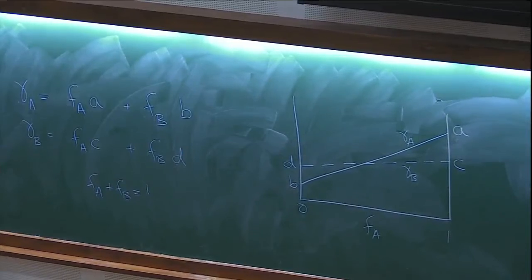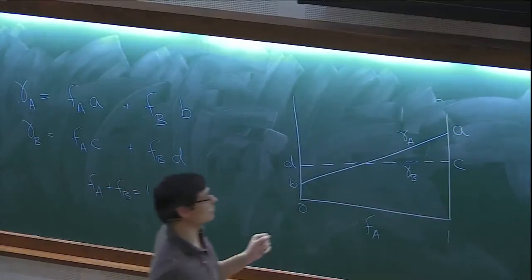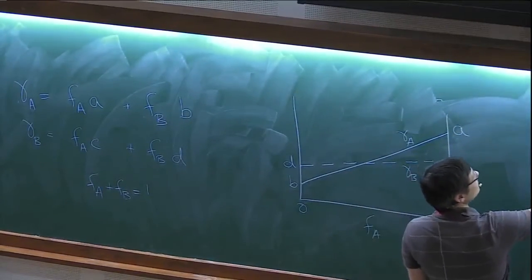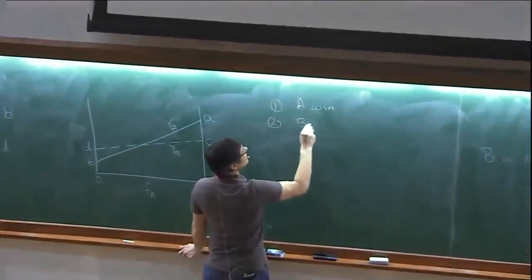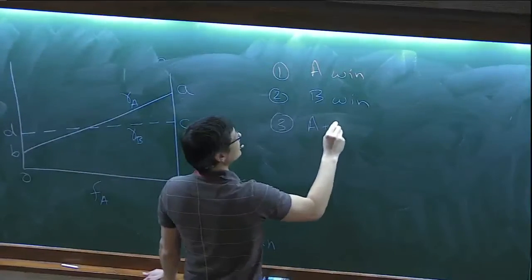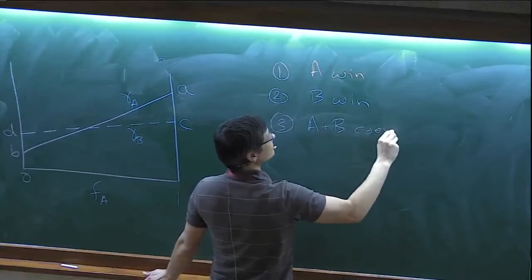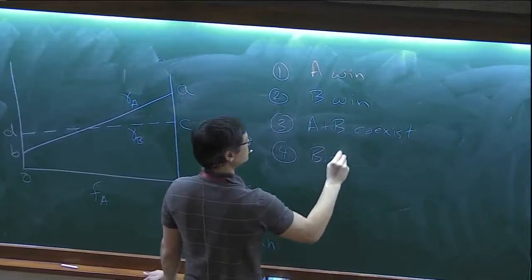I just want to make sure that we know how to read these things. So now what I've done is I've assumed in drawing this some orderings between A, B, C, and D. And the question is, does this lead to A winning, B winning, A and B coexisting, or bistability?